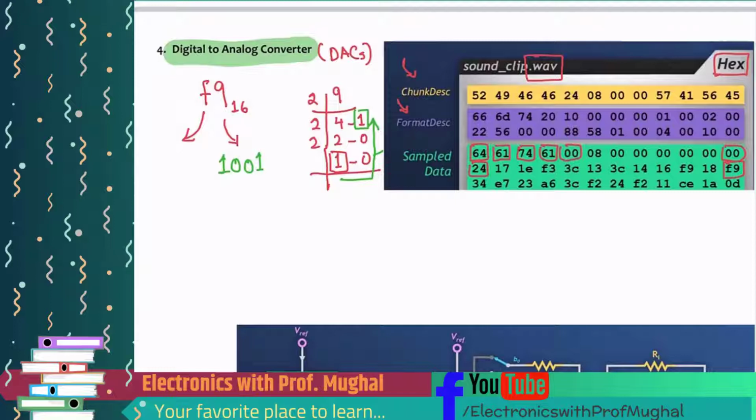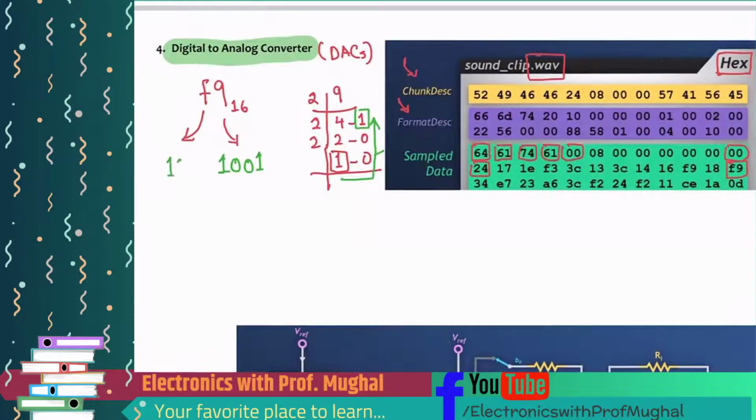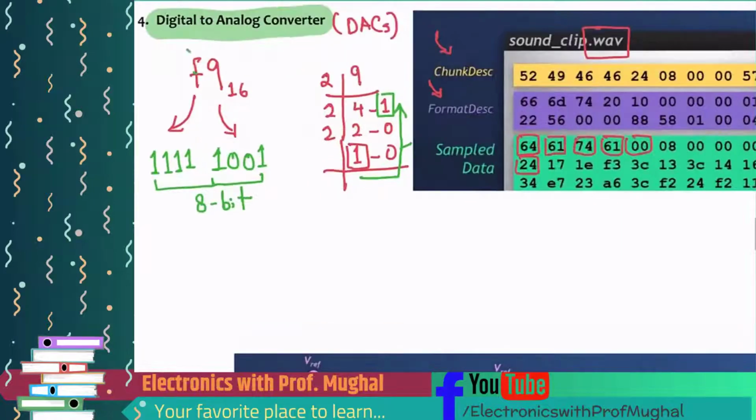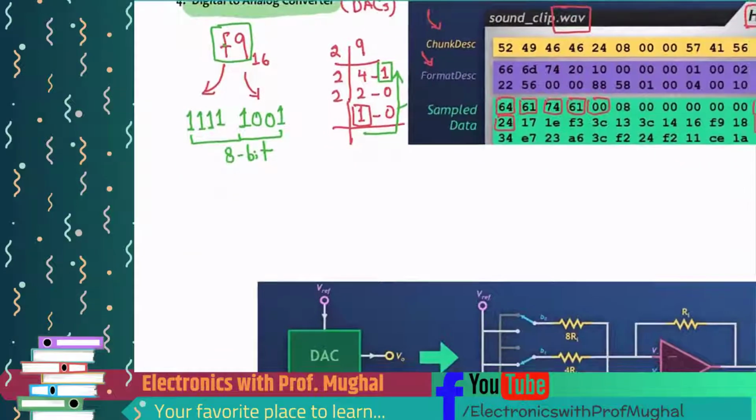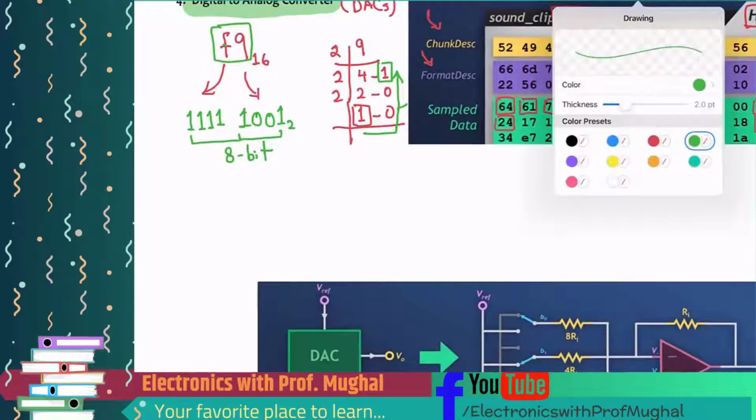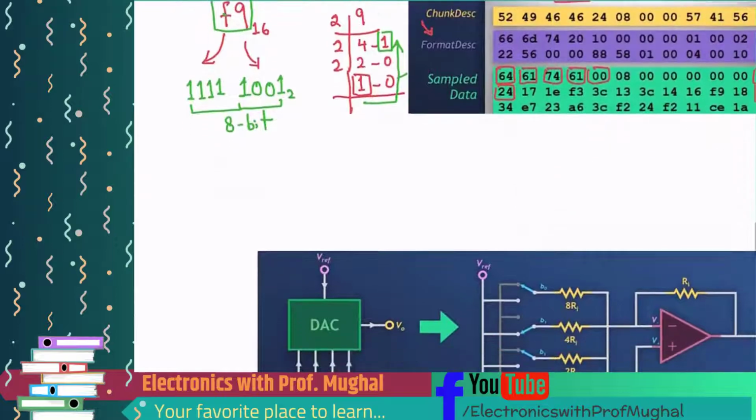Similarly, F represents 15, and the binary code for 15 is 1111. So here is an 8-bit code for this sample F9. This is the binary representation. If you want to convert it into a decimal representation, you add the magnitude of each individual bit.